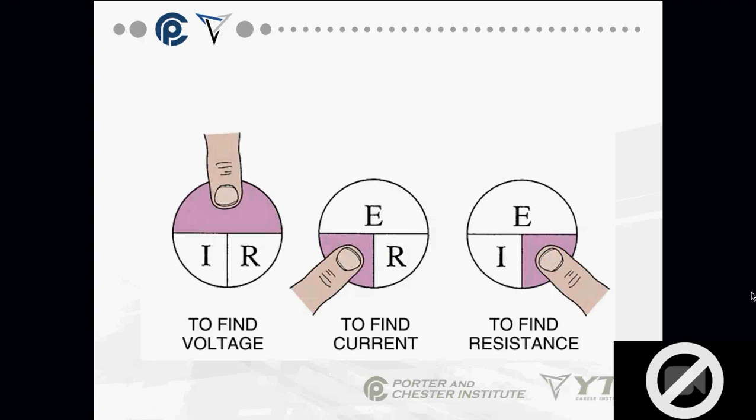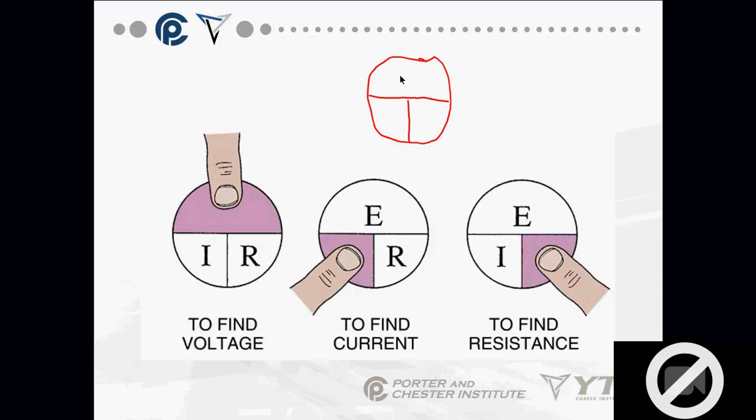Okay, so as long as you remember how to draw the chart, you can find any of the formulas just by the three slice pie, basically. And again, you can do the same thing with power. Power is wattage.